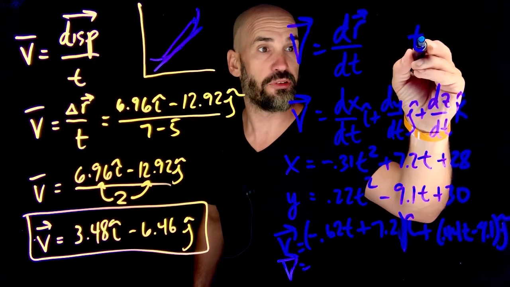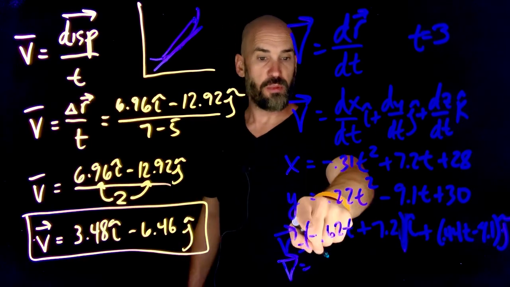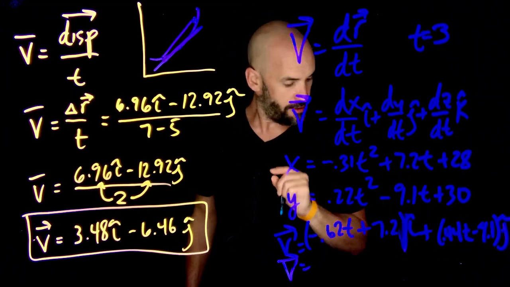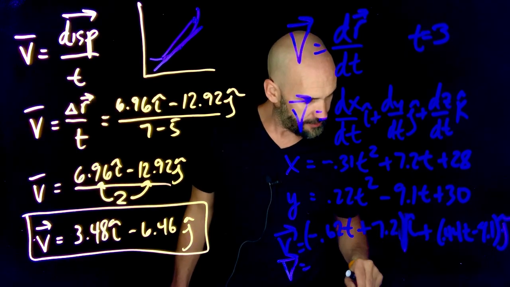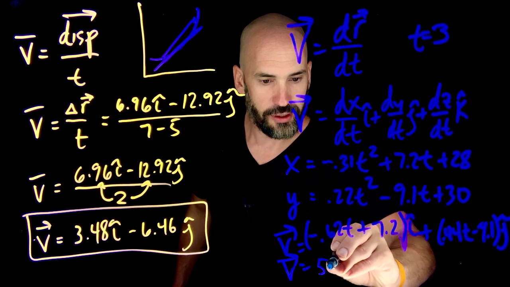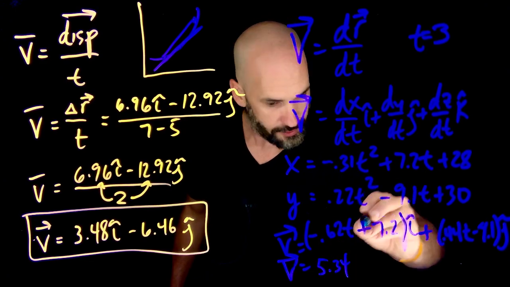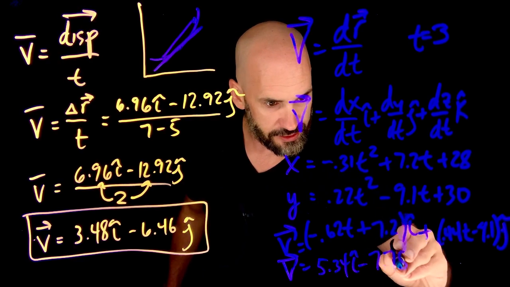So we want t equals 3. Well, if we put in 3 here and 3 here, I get 5.34 i minus 7.78 j.